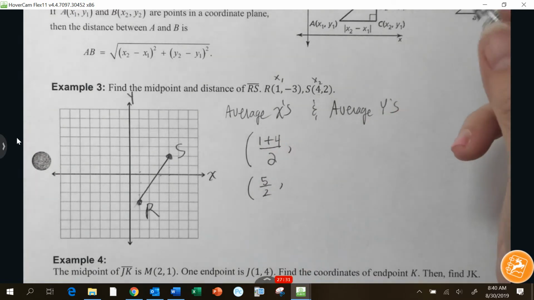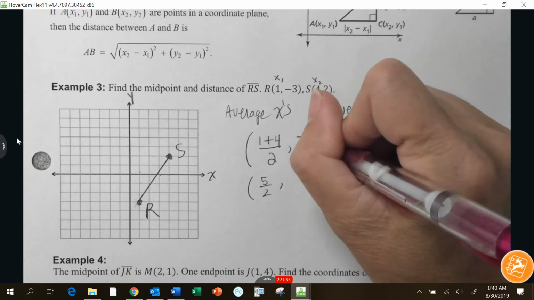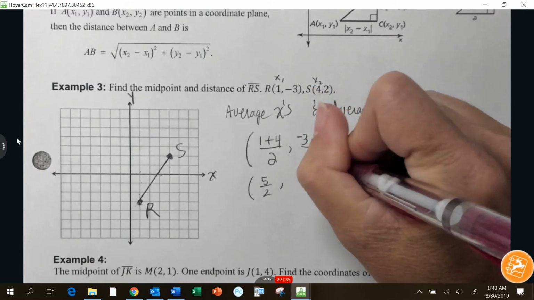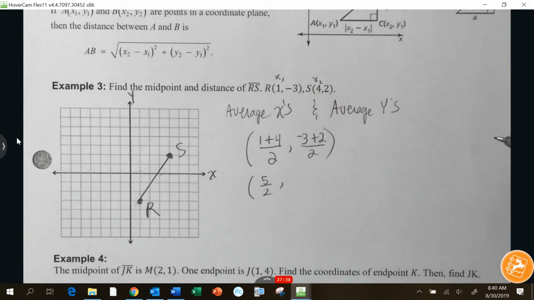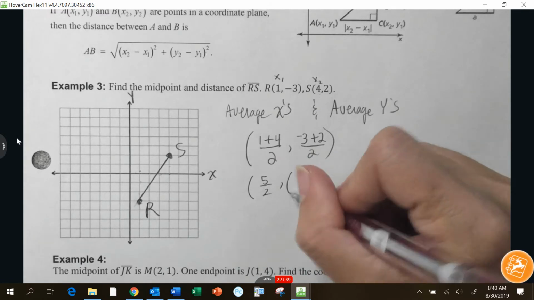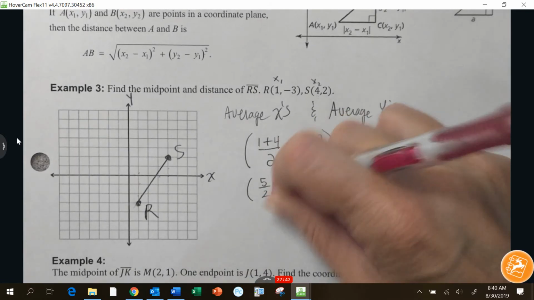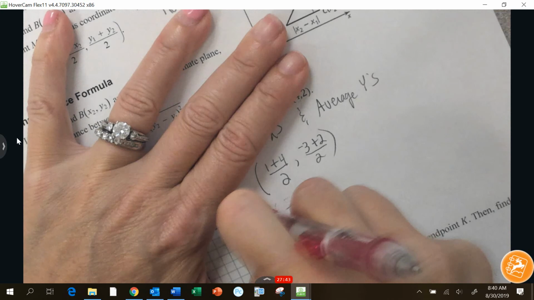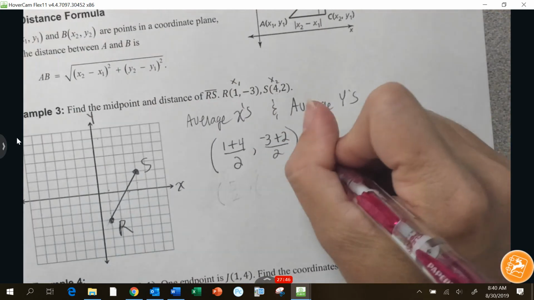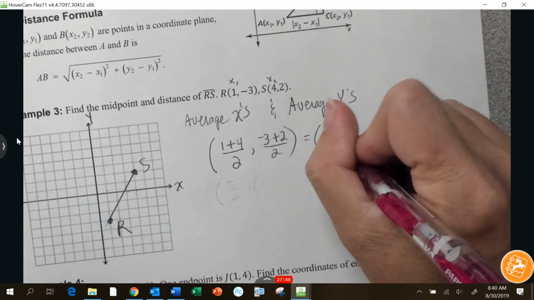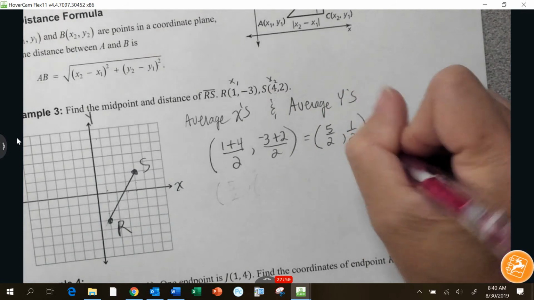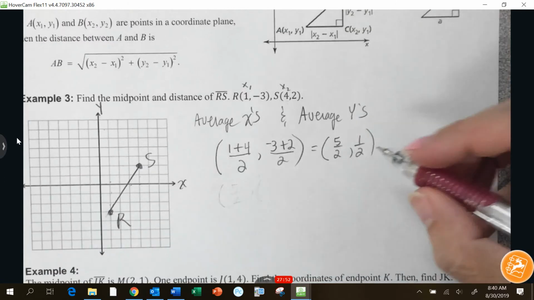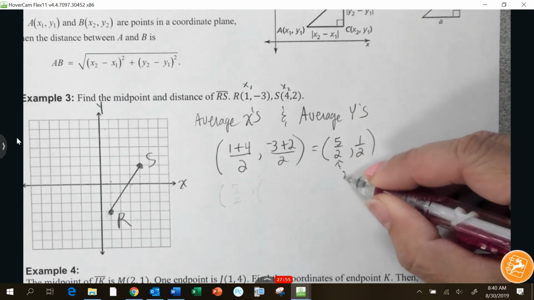How about my y's? -3 plus 2 divided by 2, which is 1 over 2. So 5 halves is the same thing as 2.5.